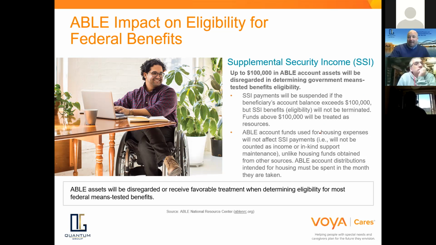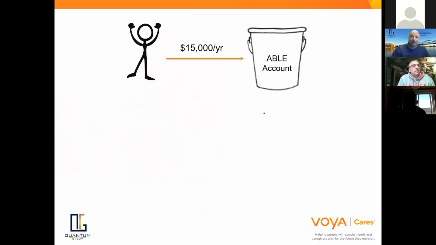But what's probably more important to understand is if you're an individual on SSI and you're putting $15,000 a year into an ABLE account, which is a substantial amount of money, that's something you'd have to work pretty hard for. A lot of people would have to put $15,000 a year into any one account.